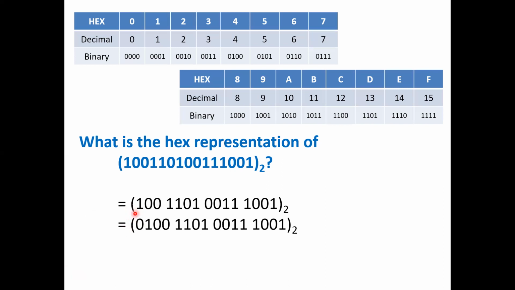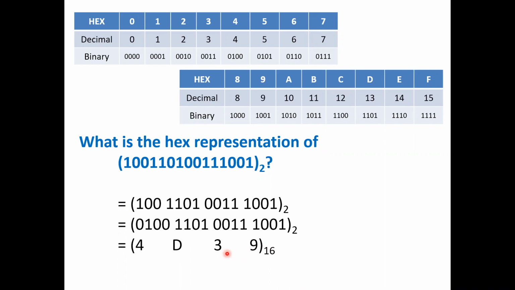You might want to put a leading 0 here, because you don't really have the string 100 here. You have 0100 here, and that's what this represents. It represents a 4. So just by looking up, the hex representation is this.